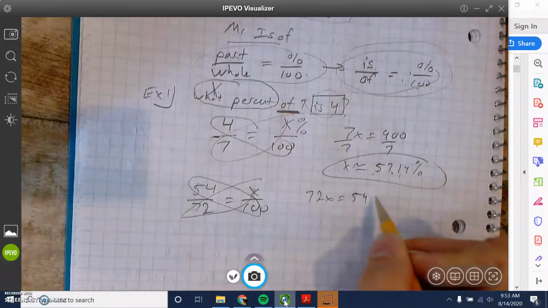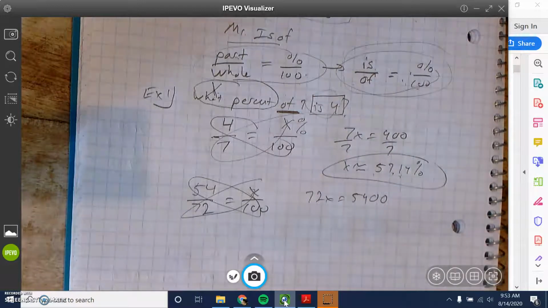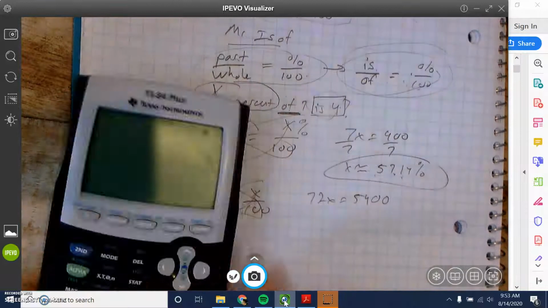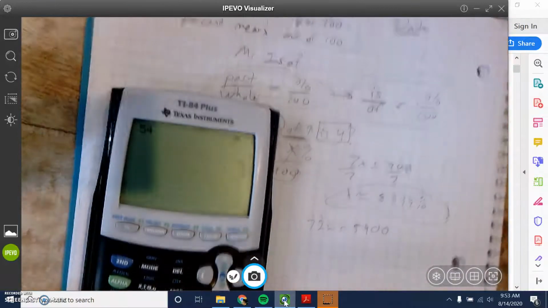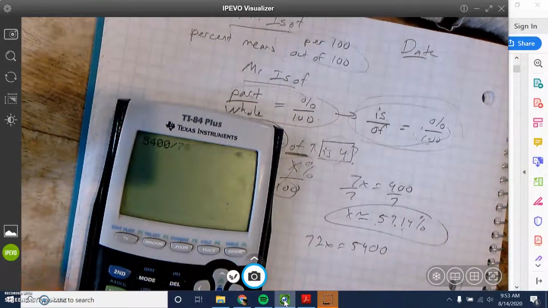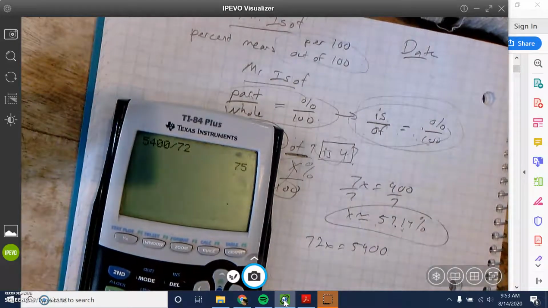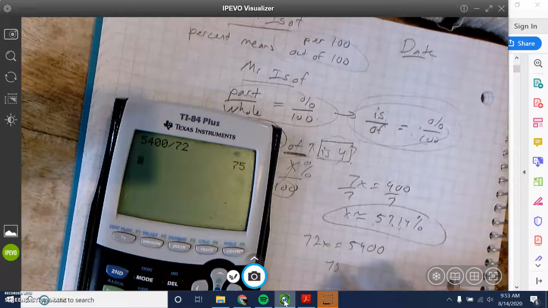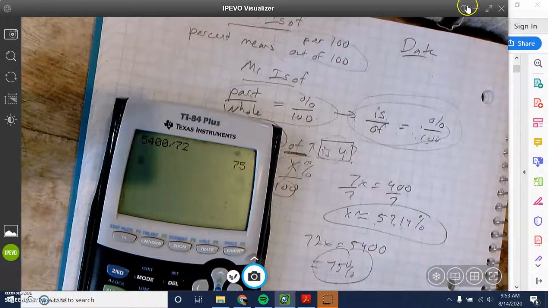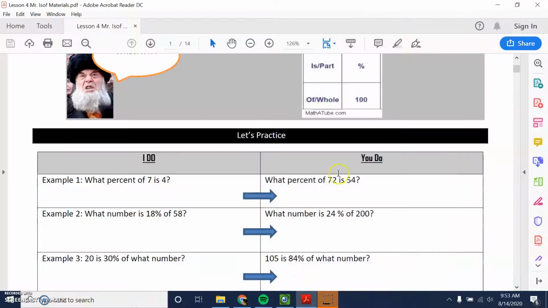When you multiply by 100, you add 2 zeros, because it's 54 times 100, it's 5400. So I have 5400 divided by 72, and I get 75%. No estimation there, it just straight up equals 75%. Hopefully you got that one. Okay, next one.